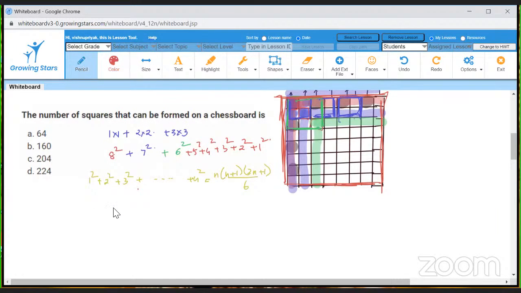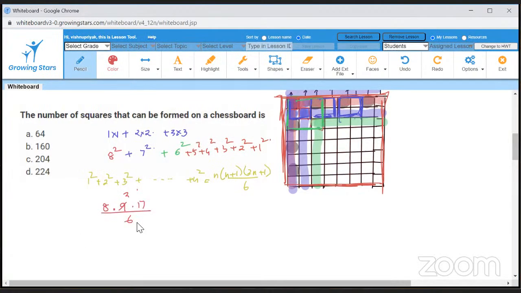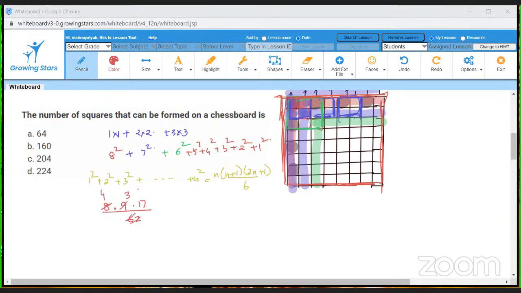So 8 into 8 plus 1, 9, into 2 into 8 is 16 plus 1, 17, by 6. So 3 3s, 3 2s, 2 1s, 2 4s. You are multiplying 4 into 3 into 17. And as Shivu said, it is 204.